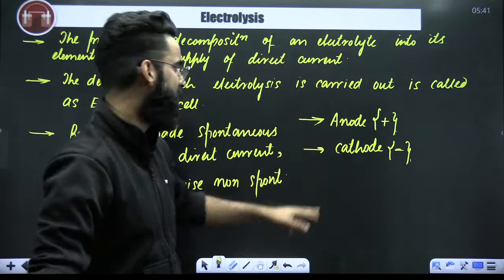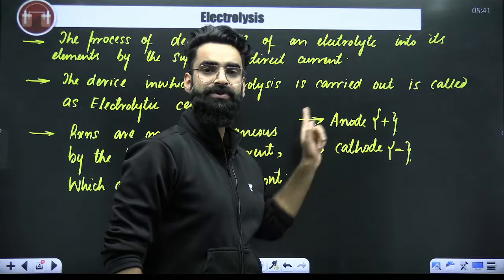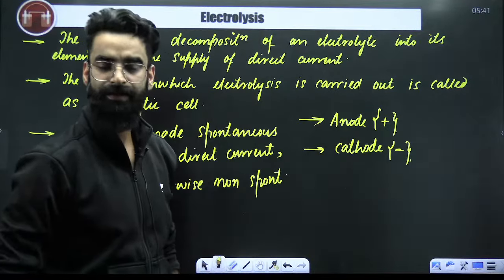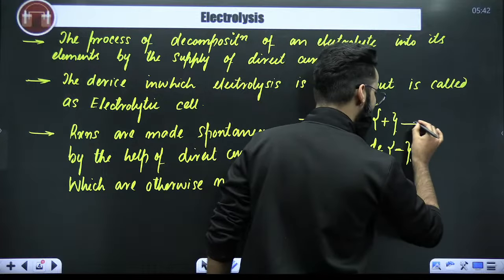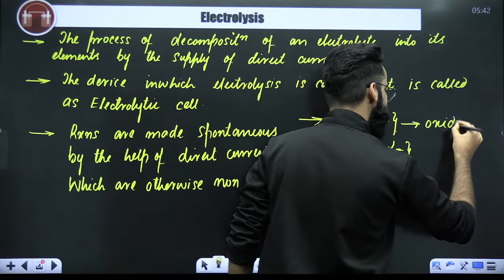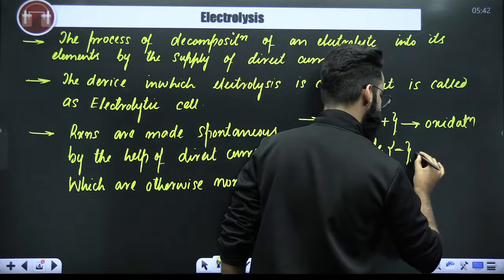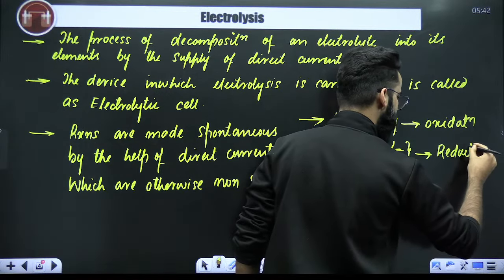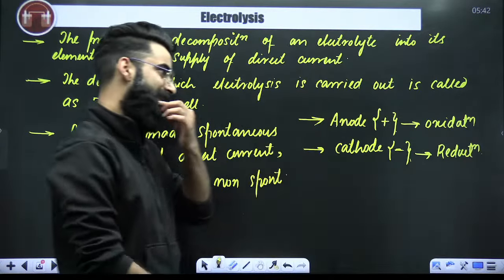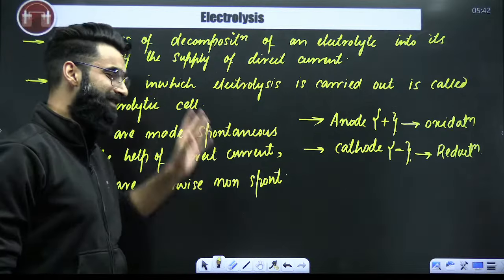Here it's reverse. And all the other things are same. At anode, oxidation takes place, which involves loss of electrons, and at cathode, reduction takes place, which involves the gain of electrons.